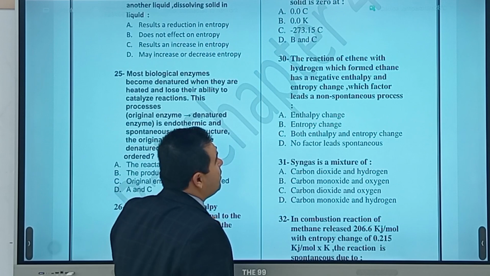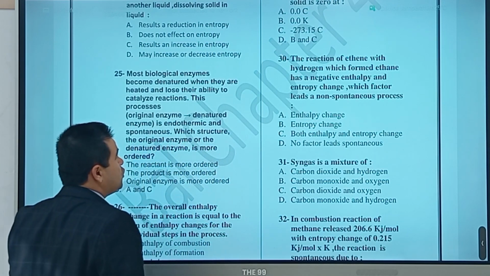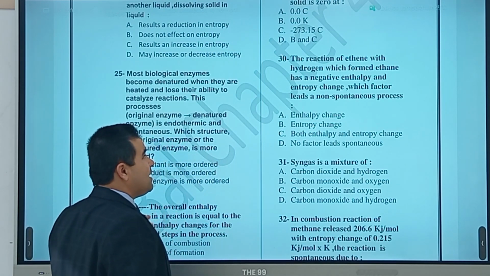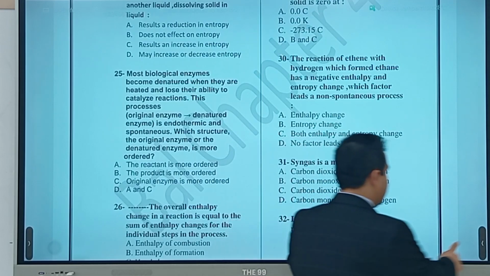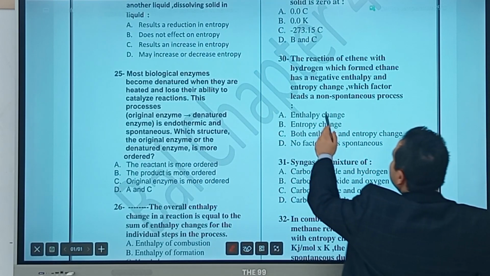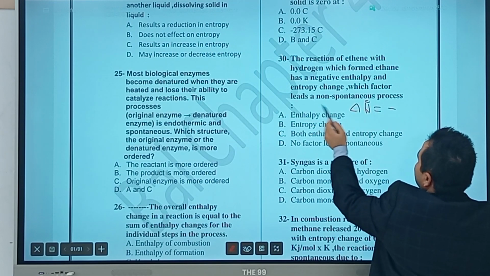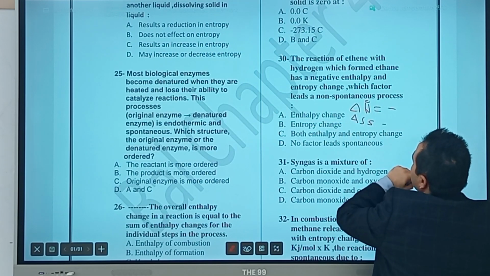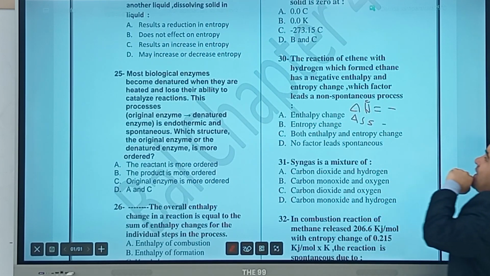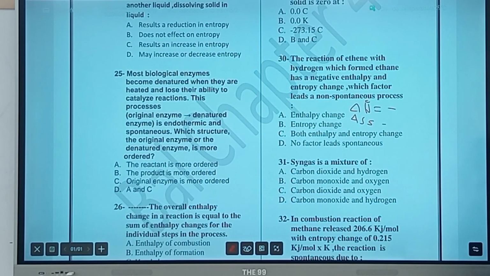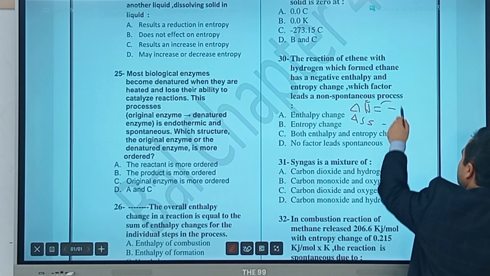The reaction of ethene with hydrogen, which forms ethane, has a negative enthalpy. Negative enthalpy means delta H is negative and entropy delta S is negative. Which factor leads to a non-spontaneous process? We talked about this.